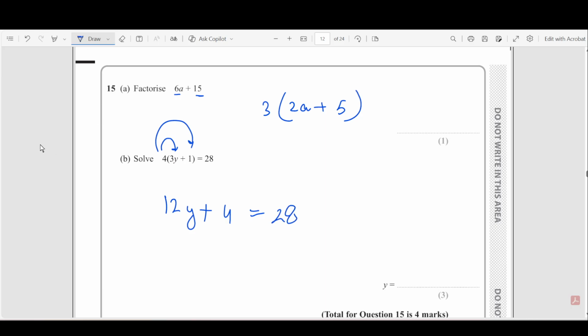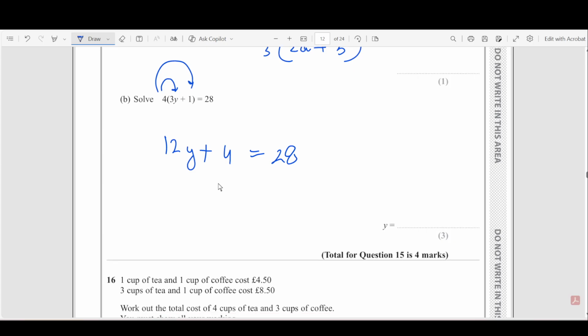Now, as you can see, we need to find y. Whatever is there with y, we have plus 4. The opposite of plus 4 is minus 4, so on both sides we subtract 4. So this will cancel. Plus 4 minus 4, we have only 12y this side. Then 28 minus 4 is 24. Now we have 12 here, which is in times. 12y means 12 times y.